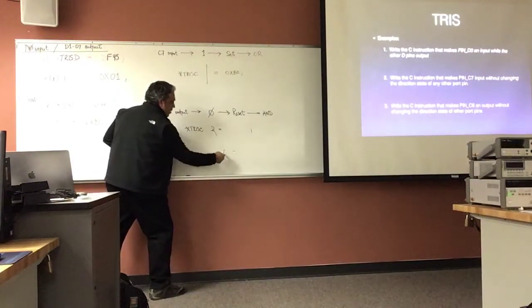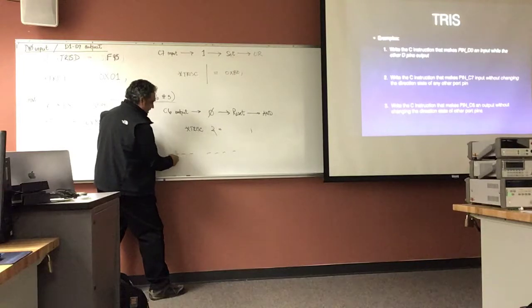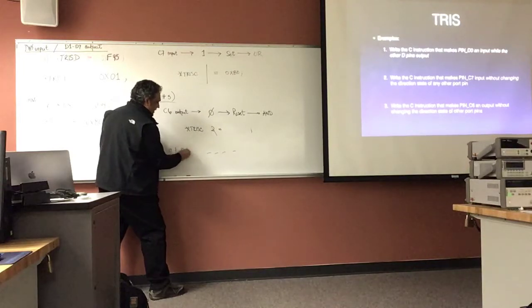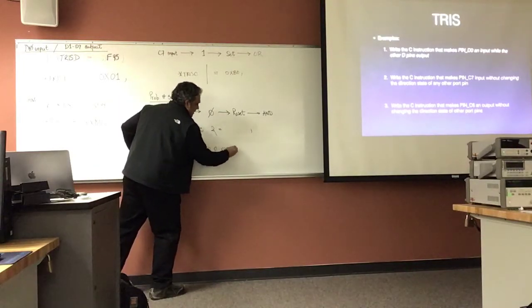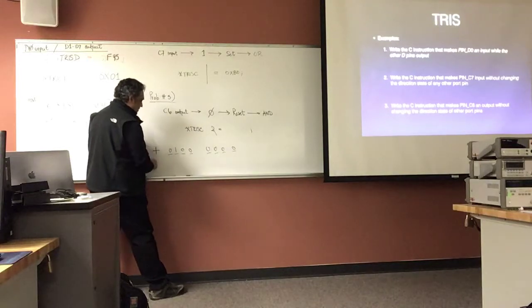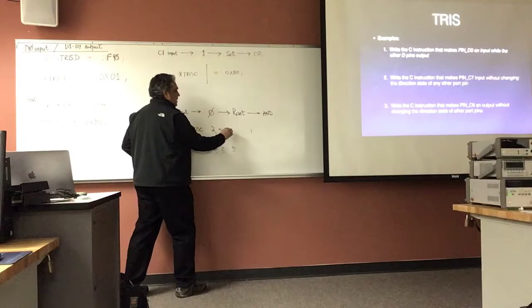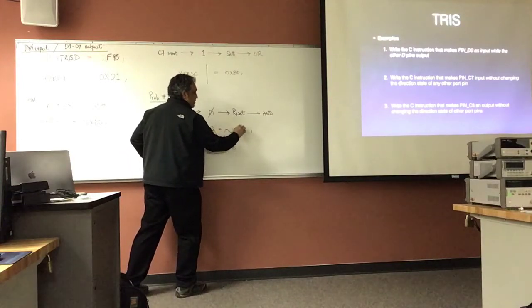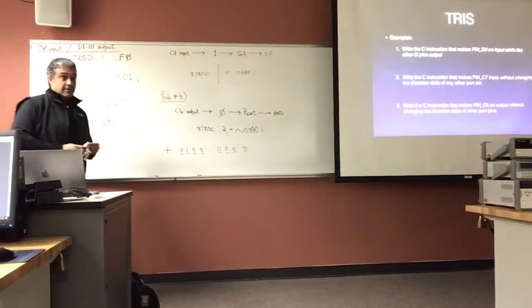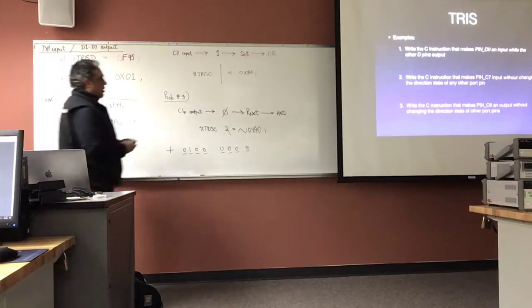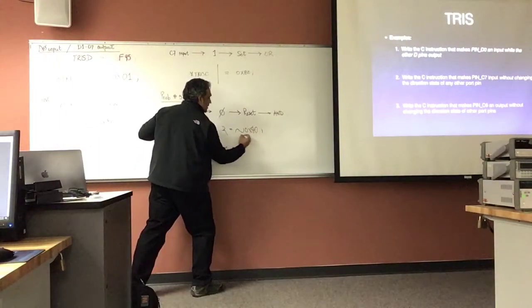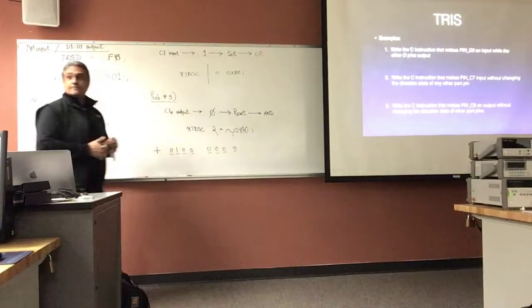So this is 0, 1, 2, 3, 4, 5, 6. If you say 40 like this, this is a positive mask. If you want to make it a negative mask, you could do the opposite of hexadecimal 40, and that'll work. See that? So this is a positive mask. That made it negative masking.